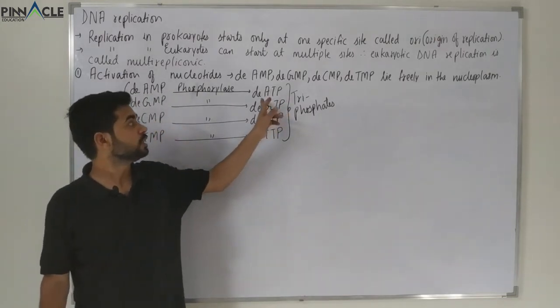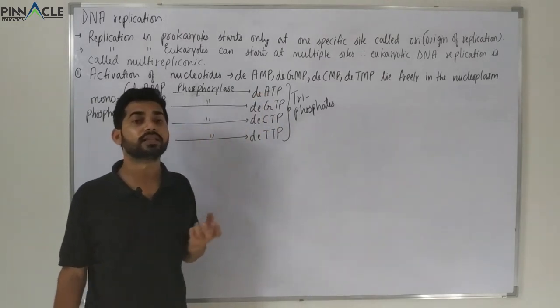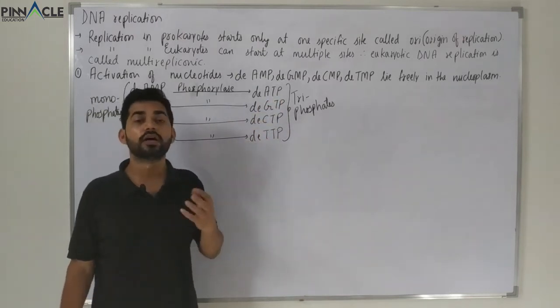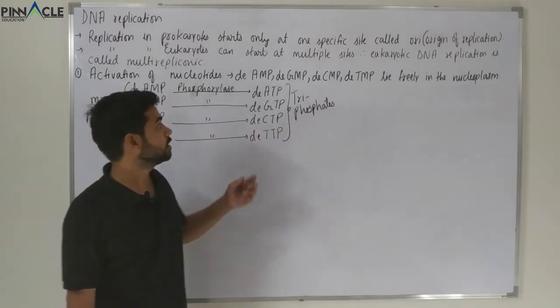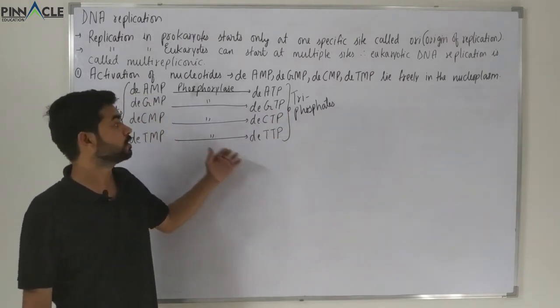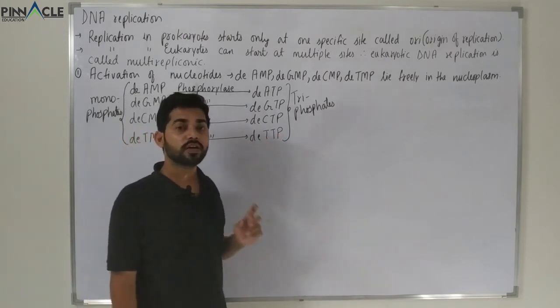We have also seen that ATP, adenosine triphosphate, is the normal energy currency of the cell. Likewise, all these four can be used like energy currency. When these triphosphates are broken down into monophosphate, energy will be released, and that energy will be used in the case of replication.